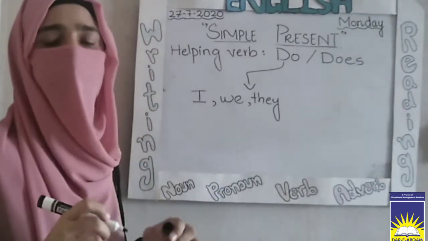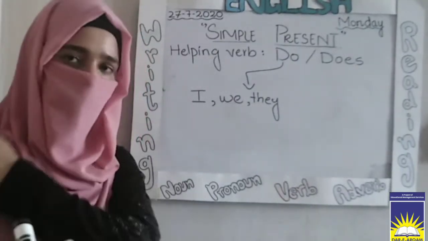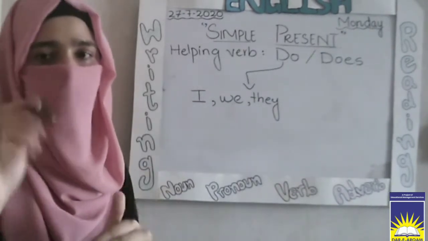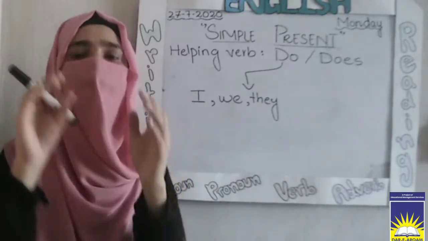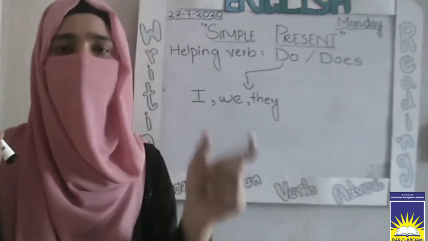Now, which helping verb will we use when we are talking about any third person? For example, here is does. As I told you, when we use she in the sentence, we will write es after the form of verb when we are going to write a sentence using a third person.